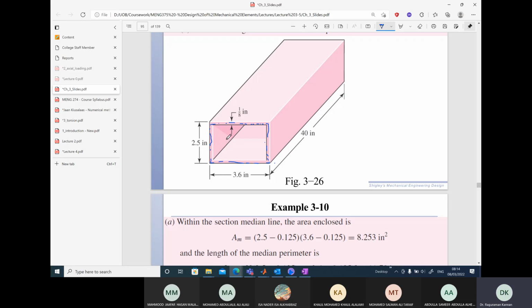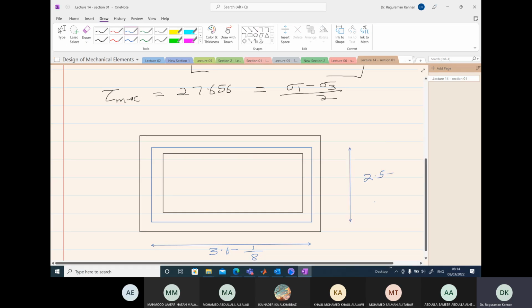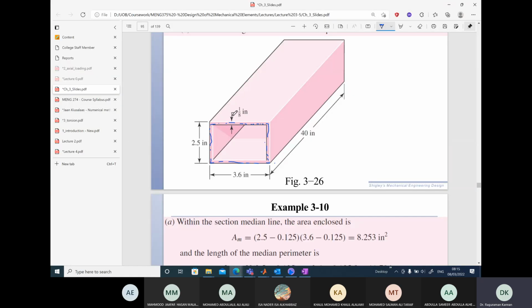And similarly the height here is going to be 2.5 minus 1/8. Why did I subtract 1/8? Because right in the center, you will have half the thickness on the top we have to subtract here, and half the thickness here. So both of them together becomes 1/8.